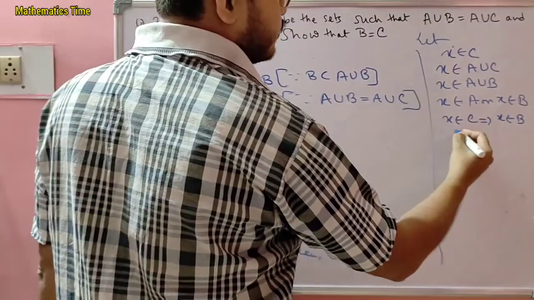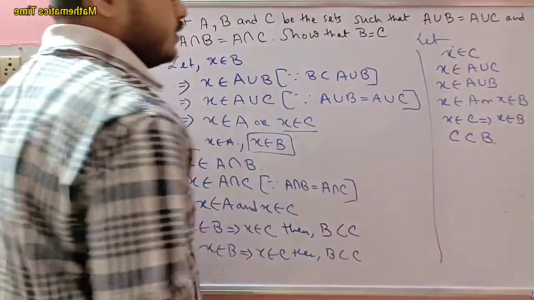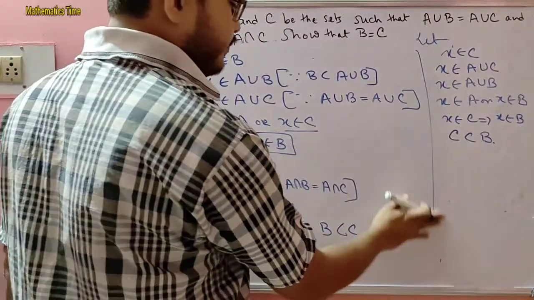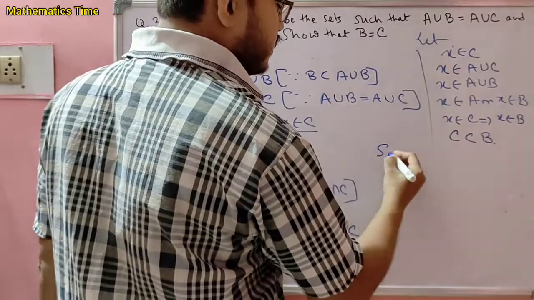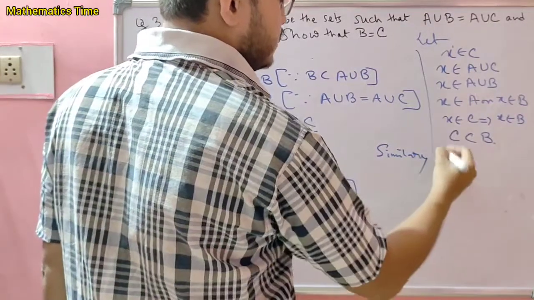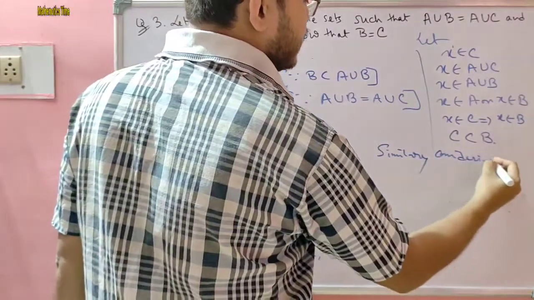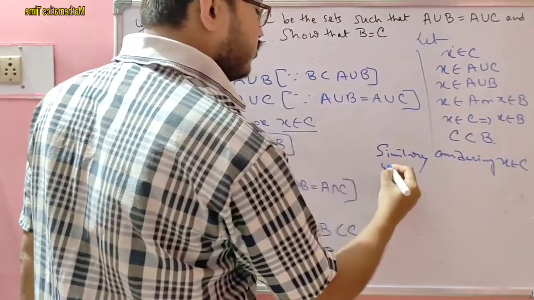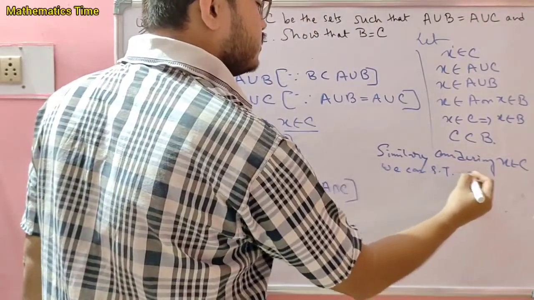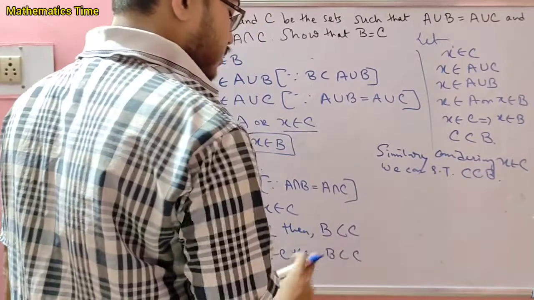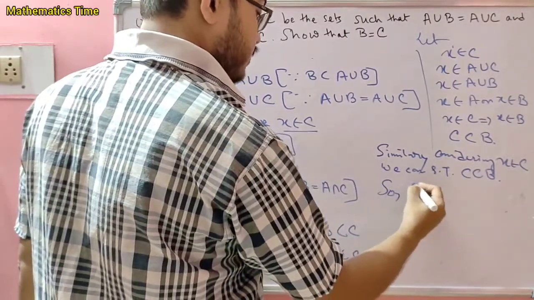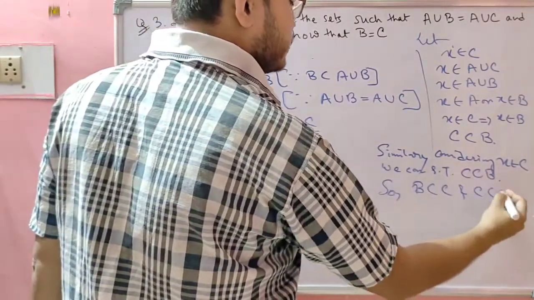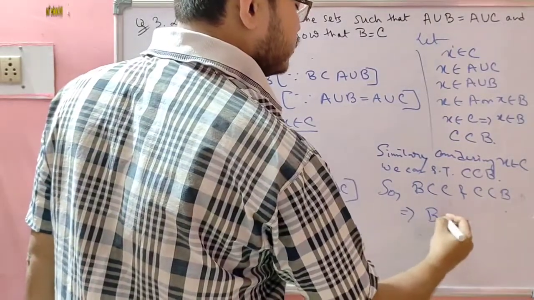With similar results we can get C is a subset of B. So B is a subset of C and C is a subset of B implies B equals C.